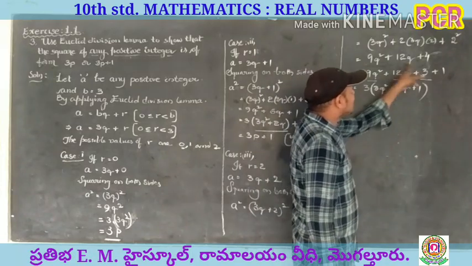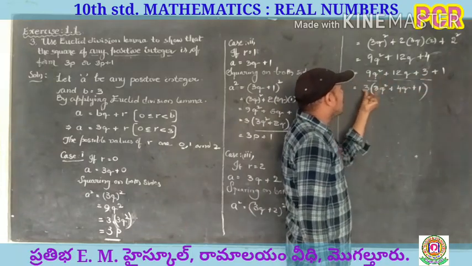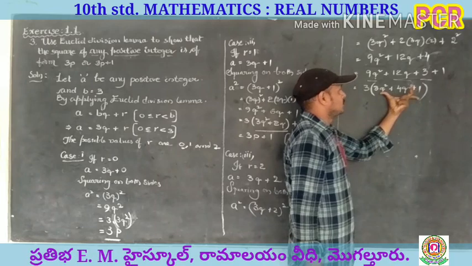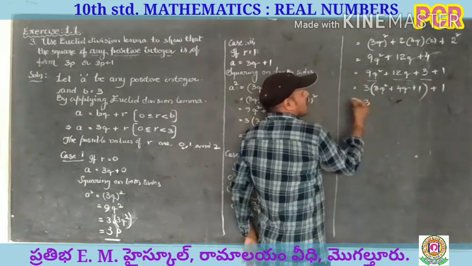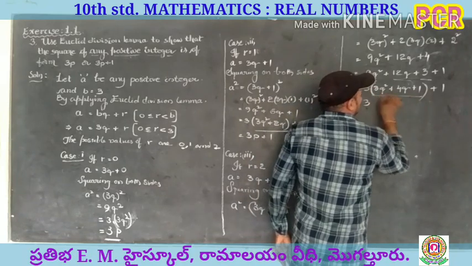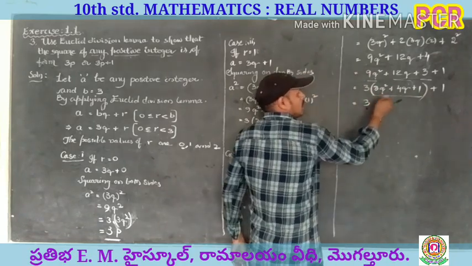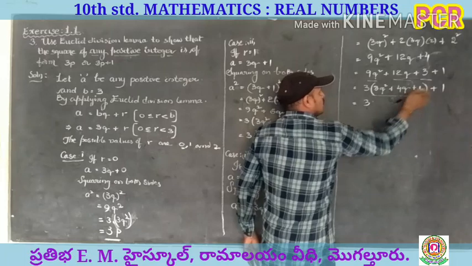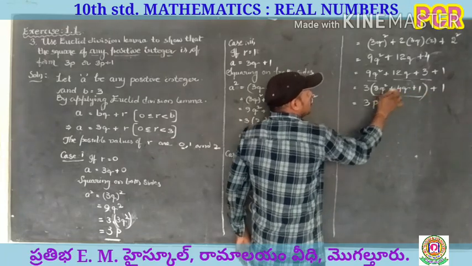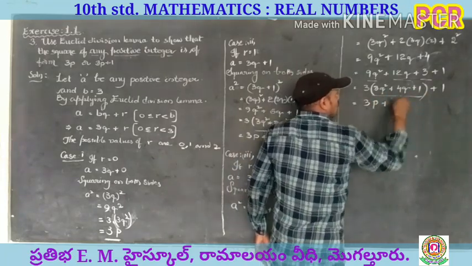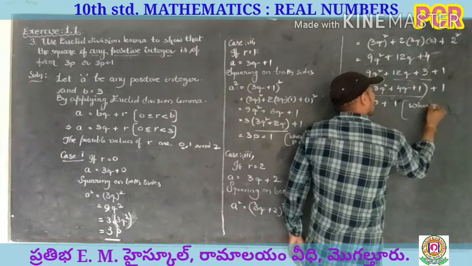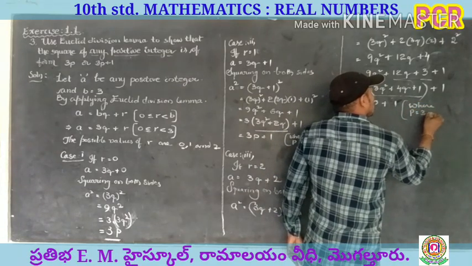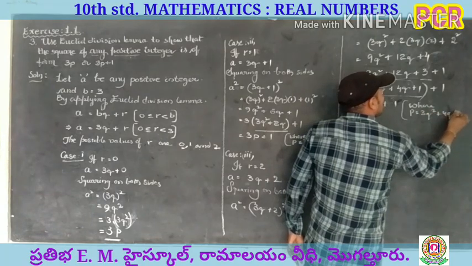So I can write these 3 terms as a multiple of 3, 3 into something plus 1. Here I can write any variable in the place of this, 3 into p in this case plus 1, where p is equal to 3q square plus 4q plus 1.